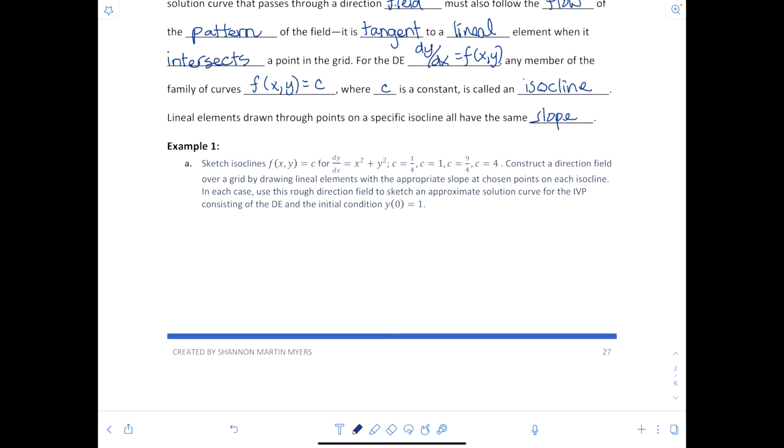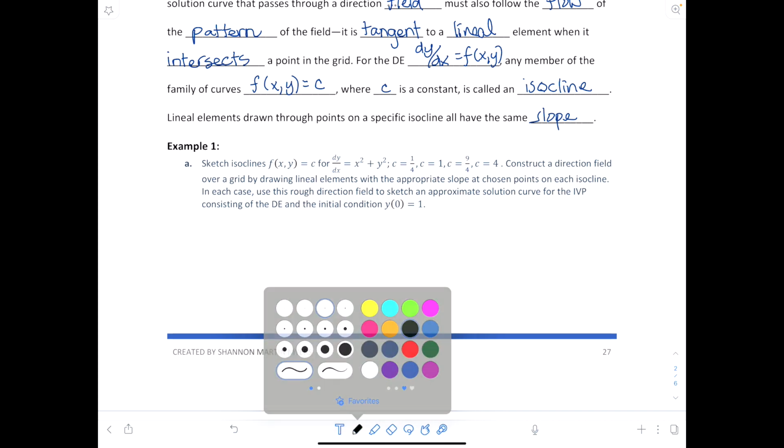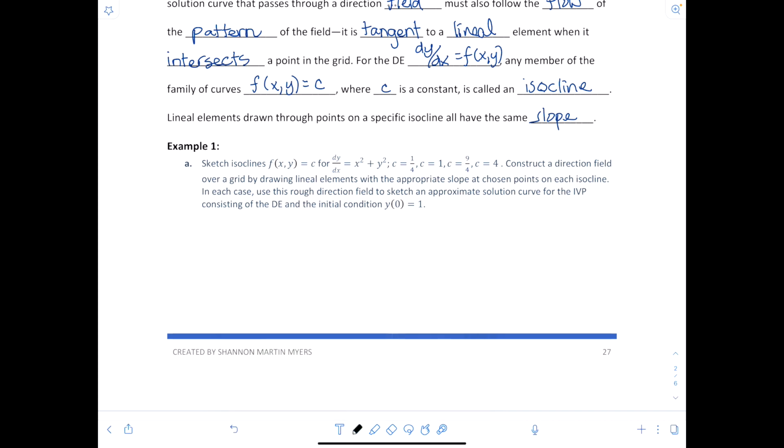Let's go ahead and take a look. We're going to plug in values for c, correct? And then we're going to find f of x and y equal to c.